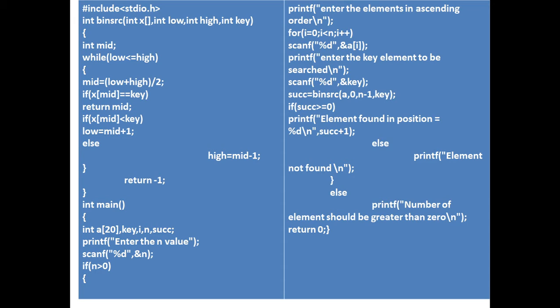As I told, it is using the concept of the divide and conquer method. First it has to divide the array into two parts. After dividing the array into two parts, there will be a middle element of the array. That middle element has to be found.